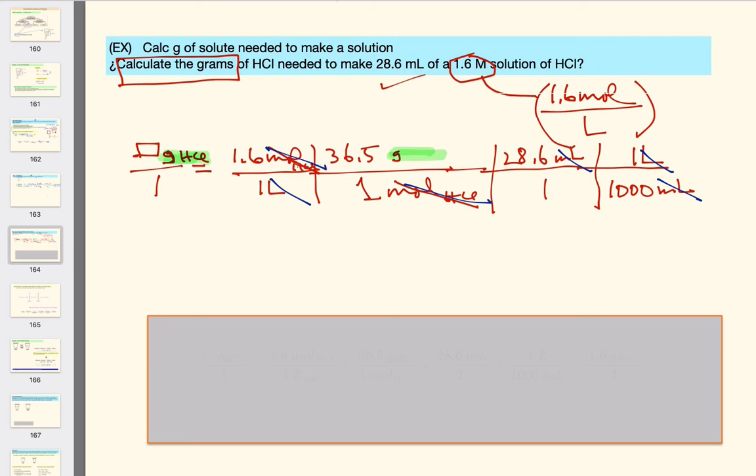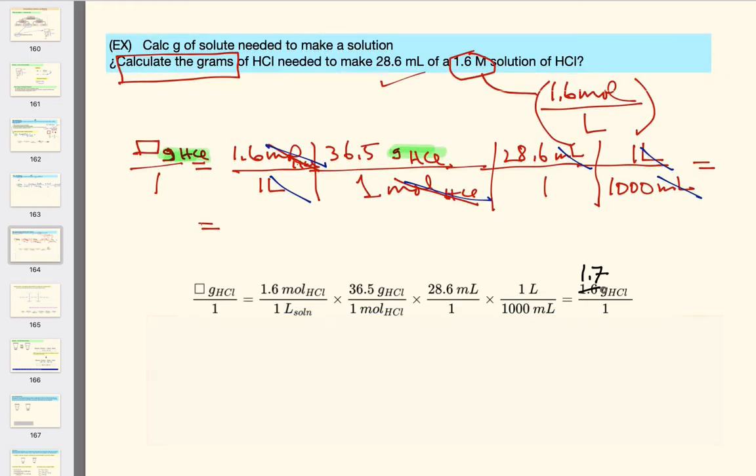So now where do we stand? Exactly where we want to be standing. The unit I want to show up, grams of HCl, has indeed shown up, and every other unit has been crossed off. All I have to do now is pick up my calculator, multiply out the numbers, and I come up with 1.7 grams of HCl.